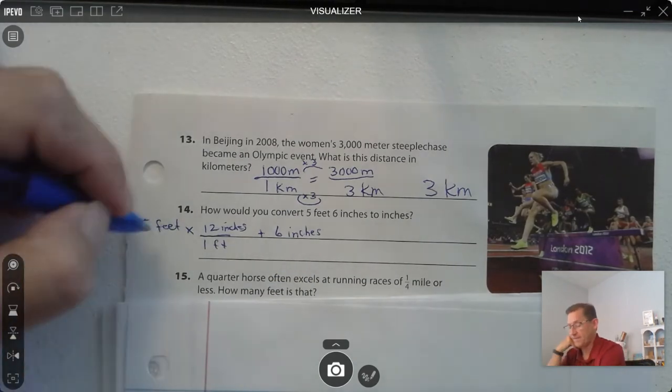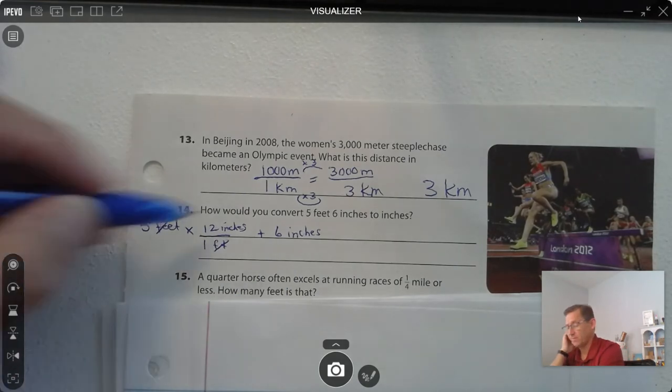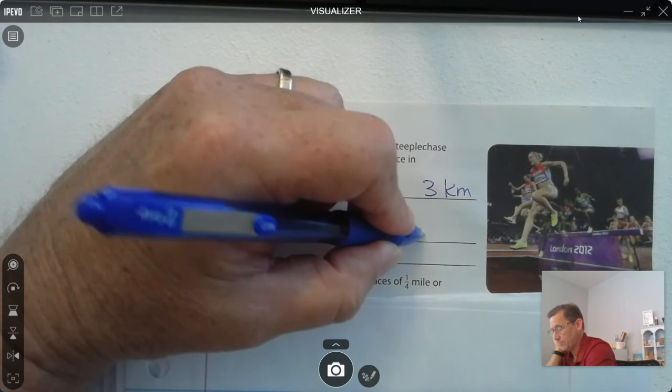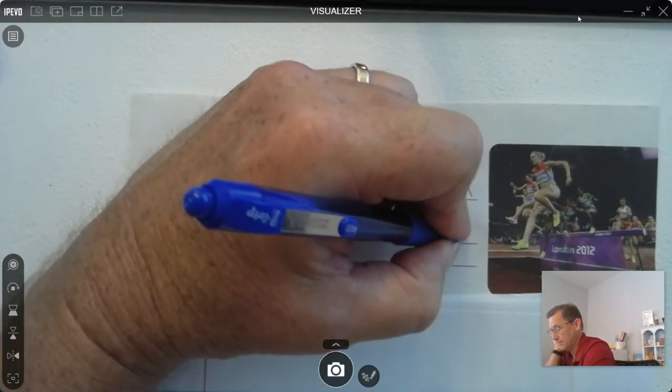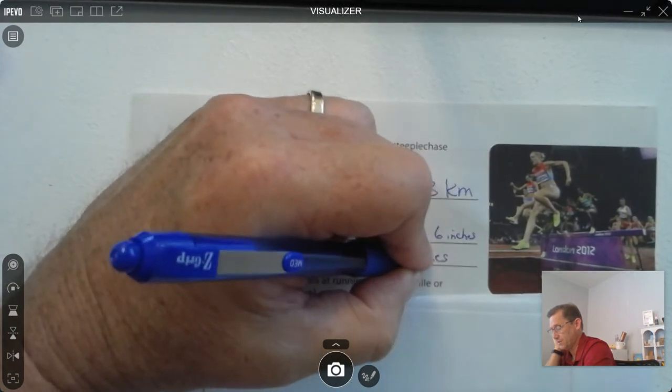I would change the feet into inches and then just add the 6 inches. So 5 times 12 is 60 plus 6. So 66 inches.